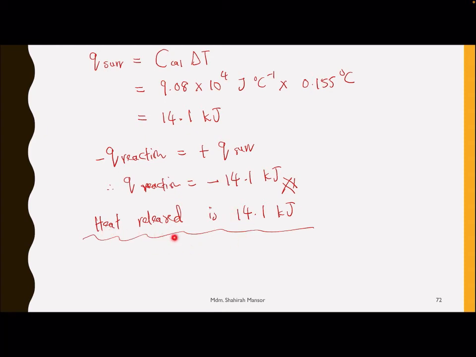Because it is mentioned in the first sentence, heat release, so I understood that release means this value is actually negative. But if you just write your answer in these terms, you have to put Q reaction equals to negative 14.1 kilojoule. But in sentences, you just mention the heat release and the value only, without the sign. So this is the amount of energy released from this reaction. We have answered question A.